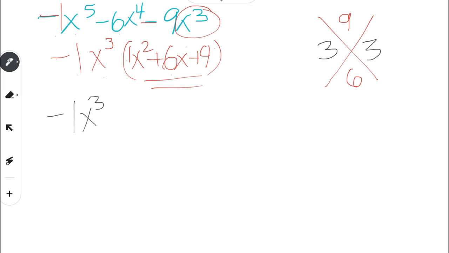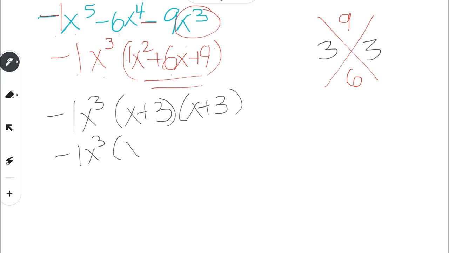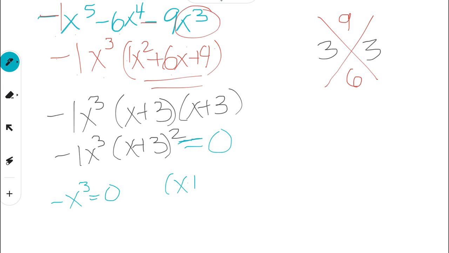So we have -1 x to the 3rd times x plus 3 times x plus 3. We could rewrite this a little bit differently. So we have -1 x to the 3rd times x plus 3 quantity squared. So let's just focus on the unique factors when we make this equal to 0. So we have -x to the 3rd is equal to 0, and we have x plus 3 is equal to 0.